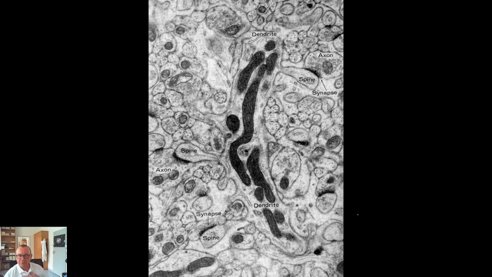And if you use electron microscopy, you can see that there are so-called spines on the dendrites, so the superficial area of the dendrites in Purkinje cells is very big, and there can be many thousands of synapses between axons, there can be axons of granular cells, there can be climbing fibers, and this dendrite.